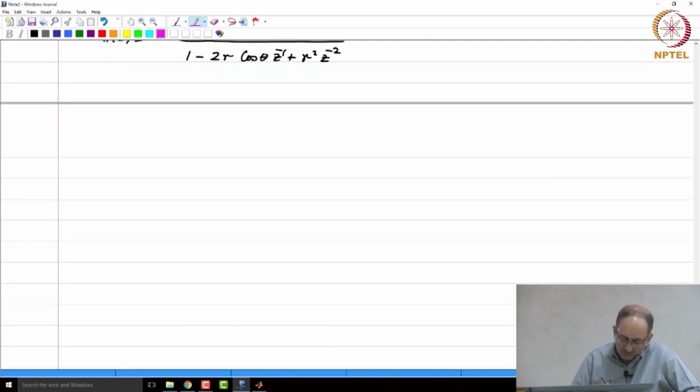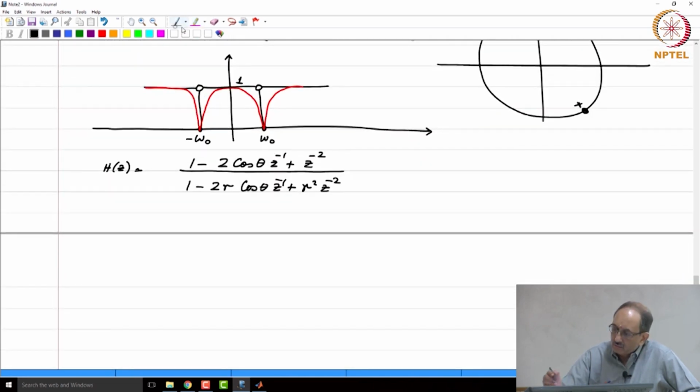Now, in practice, what should be the value of r? As close to 1 as possible, very good. So, 0.9 is good, 0.95 is even better, 0.99 is very good, better than 0.95.